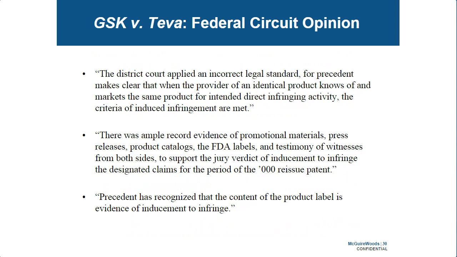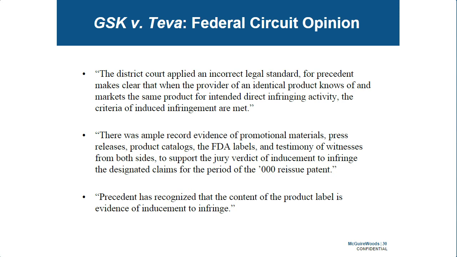So what did the Federal Circuit do? The Federal Circuit overturned the district court's decision. The Federal Circuit said the district court applied an incorrect legal standard. Precedent makes clear that when the provider of an identical product knows of and markets the same product for intended direct infringing activity, the criteria of induced infringement are met.